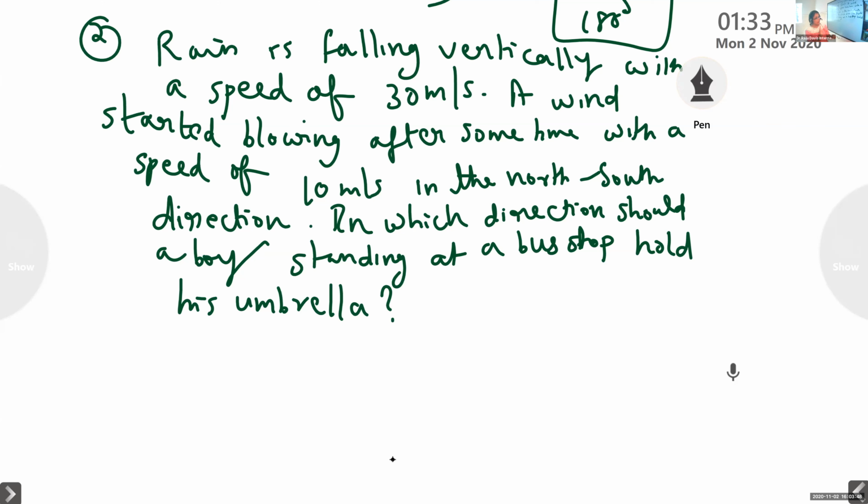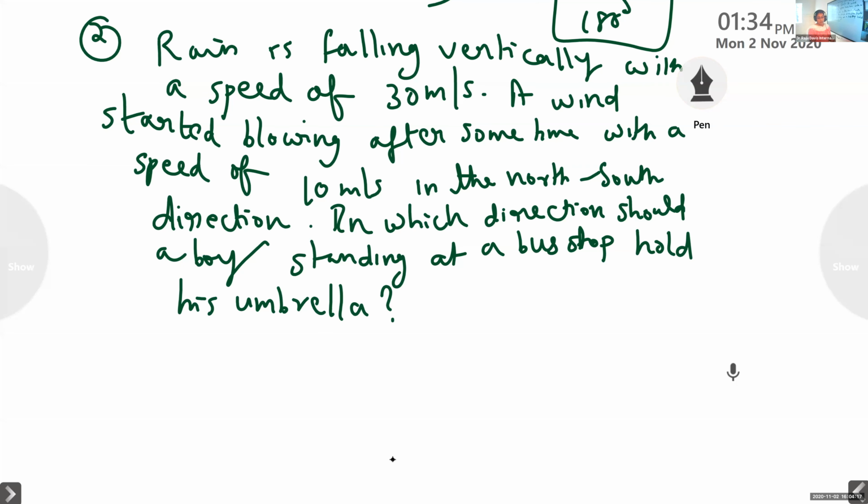The boy is looking at the rain, at what speed the rain is falling. Similarly, the wind velocity is also the relative velocity of the wind with respect to the boy. So these are the two-dimensional motion. How do we apply the relative velocity? Whatever value is given is the relative velocity with respect to a third person.